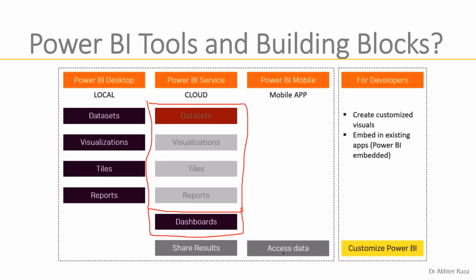So you can access your data, see your reports, and have your key performance indicators on your mobile phone. So in simple terms, the Power BI dashboard is a single page, often called a canvas, that uses visualizations to tell a story. Because it is limited to one page, a well-designed dashboard contains only the most important elements of that story.